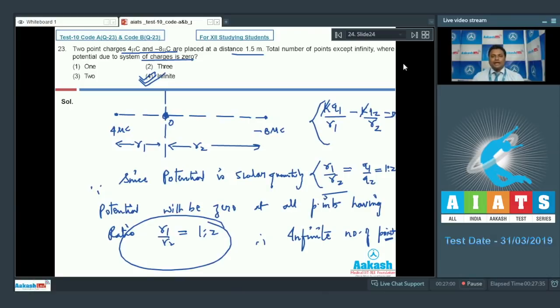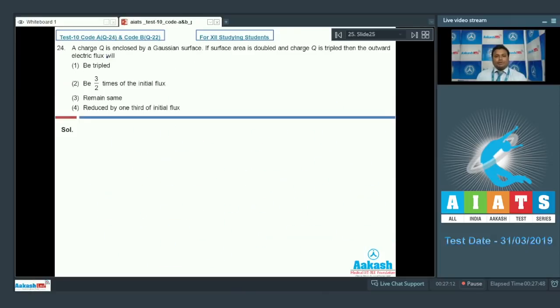Now let us proceed to the next question, that is question number 24. Here is question number 24. Charge capital Q is enclosed by a Gaussian surface. If the surface area is doubled and charge Q is tripled, then the outward electric flux will be. According to Gauss's theorem, we know that the total flux bounded with the closed surface is equal to the total charge enclosed divided by epsilon naught.